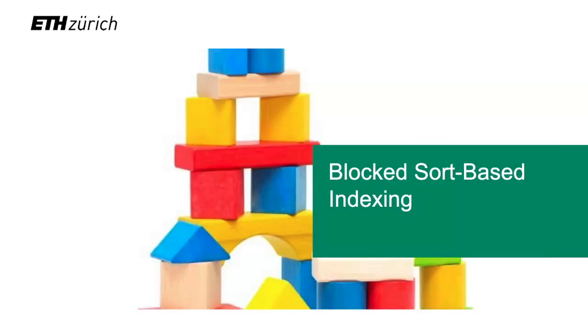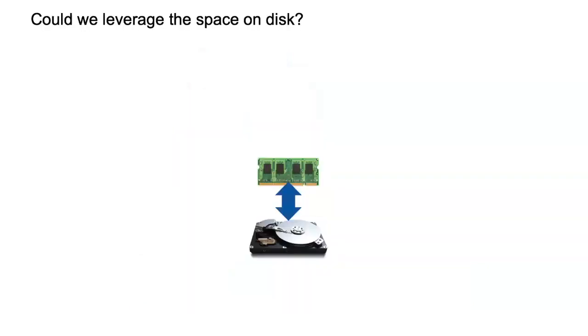Now let's get to the actual fun of index construction, and let's figure out how we can scale things. We have the memory, the RAM, and we have the disk. What limits us right now is the working memory. That's our first bottleneck.